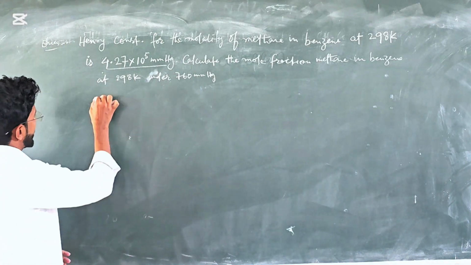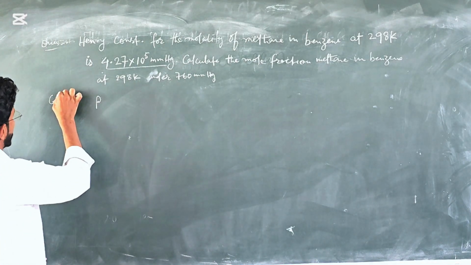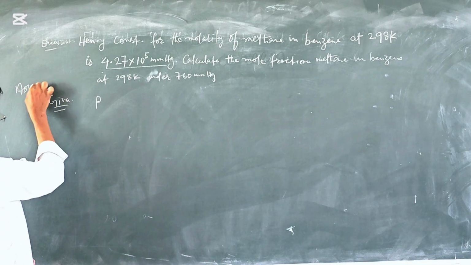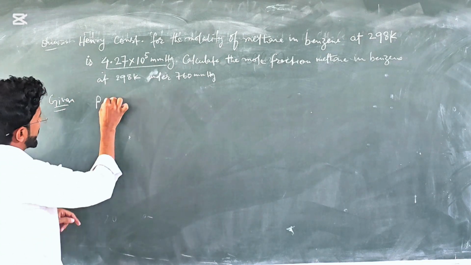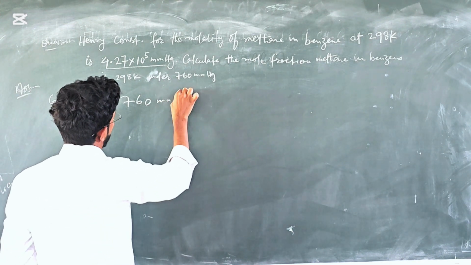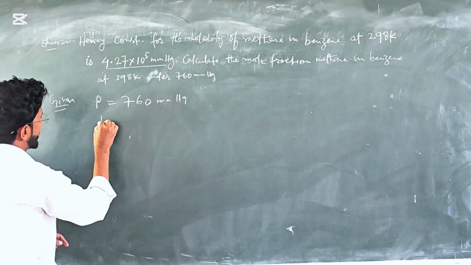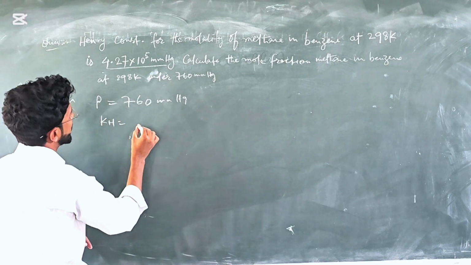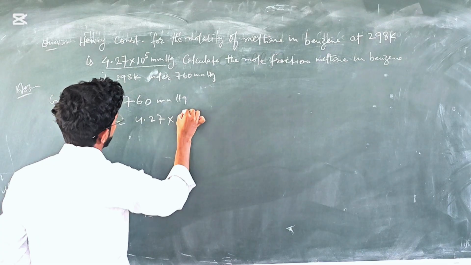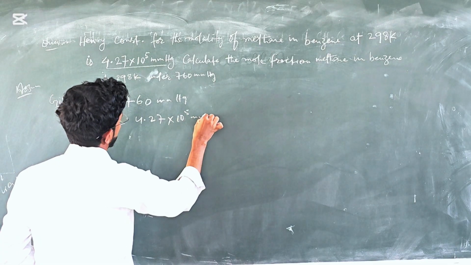Given P is equal to 760 mmHg, and the value of KH is 4.27 into 10 to the power 5 mmHg.